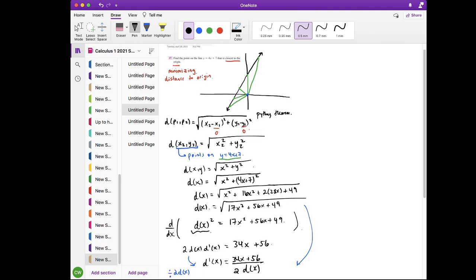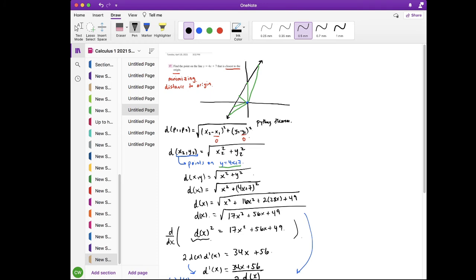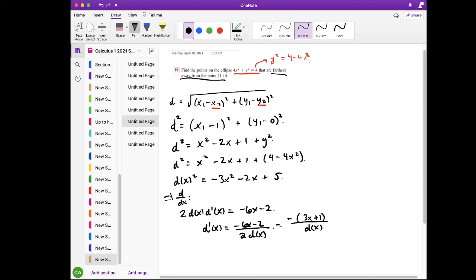In this case, I didn't care about it equaling 0 because it's not even on the curve. But I might care when it's equal to 0. However, in this one, even though I know it's equal to 0 somewhere, I don't care about it. Exactly, I want the points that are furthest away. So I don't care when d of x is equal to 0.